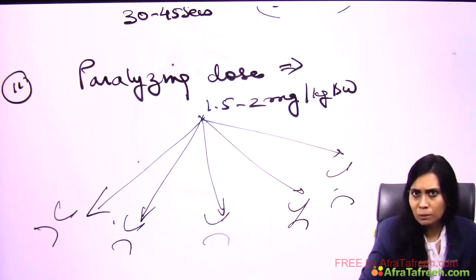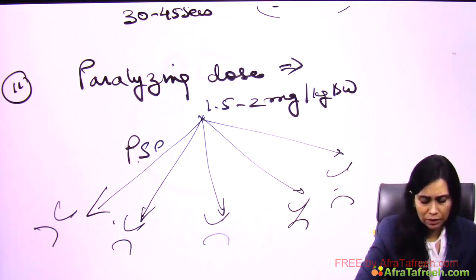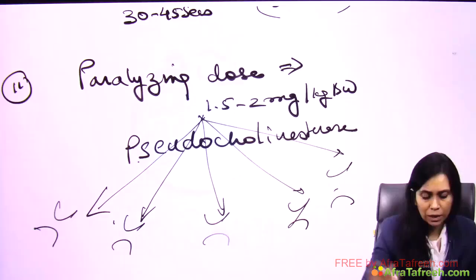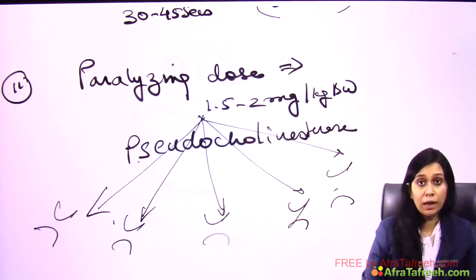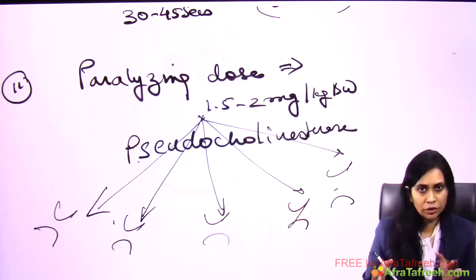But it has to pass through plasma. In plasma, there is an enzyme called pseudocholinesterase. What is pseudocholinesterase? Guys, acetylcholine esterase is present at the neuromuscular junction.